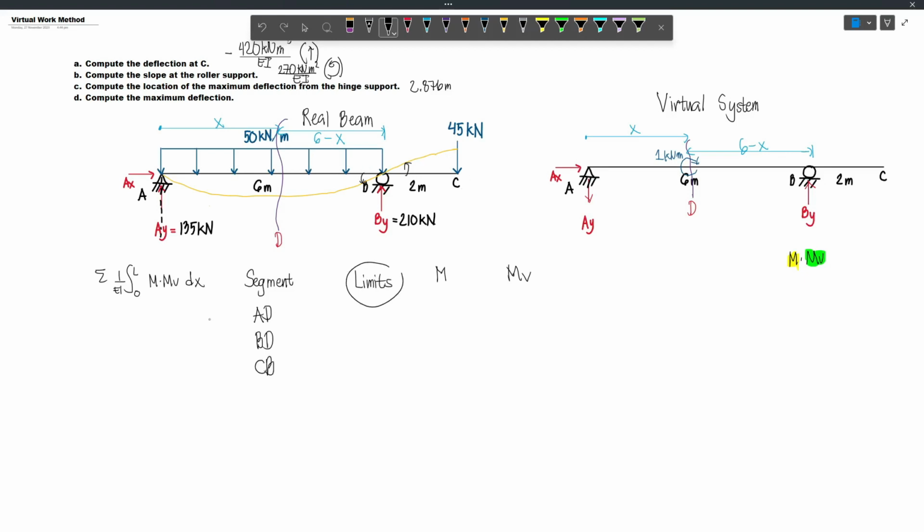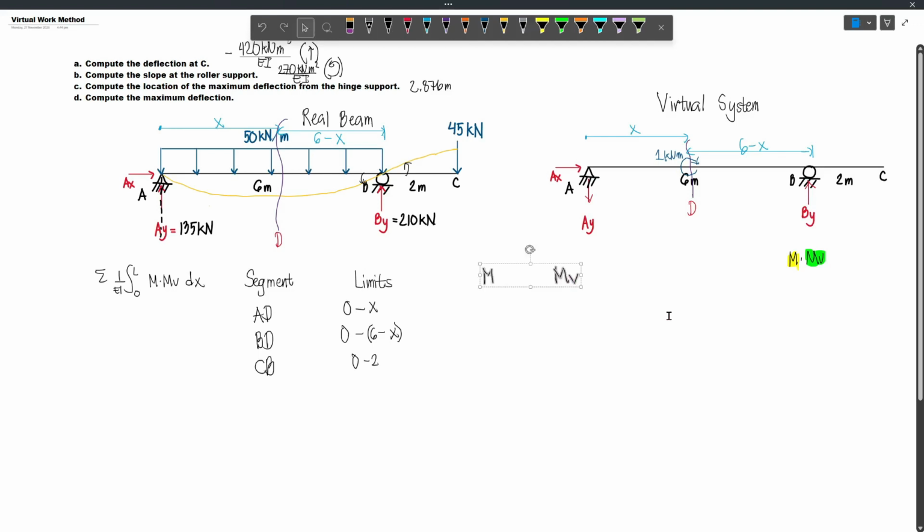And then the limits for segment AD will be from 0 to x. For BD, it will be 0 up to 6 minus x. And for CB, it will still be from 0 to 2. Again, yung values dito would be the length of your segment. Now again, we are applying a unit moment dito because we are trying to solve for the slope. Isiset natin yan to 0 later.